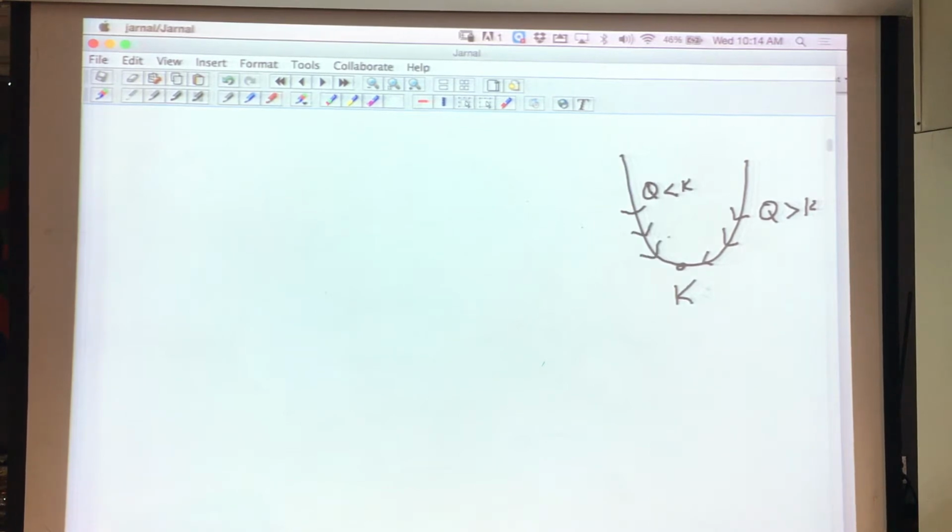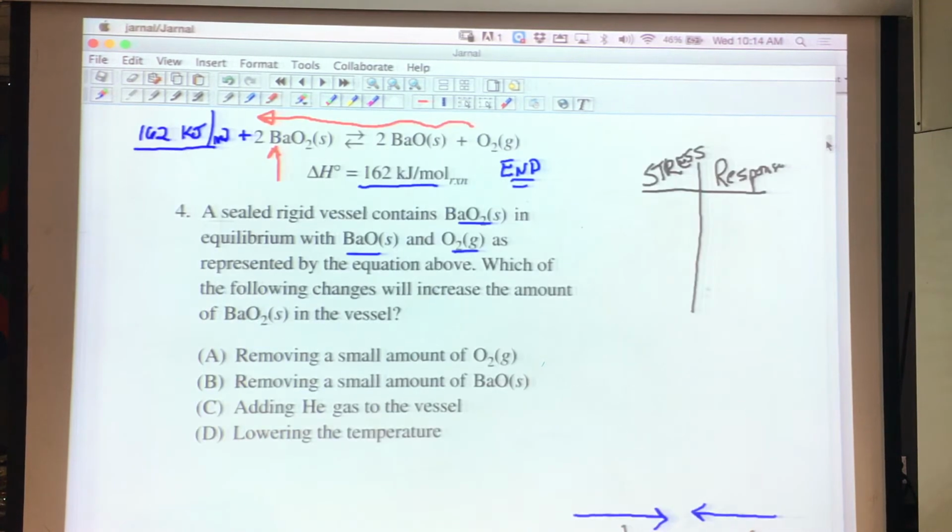This is Le Chatelier's principle. So the response of a reaction is either going to shift to more reactants because the Q is greater, or it's going to shift to the right if the Q is smaller. Did I make a mistake? Okay. I've been known to do that. I usually correct my errors. So the response is tied to the shifting because of what I explained.